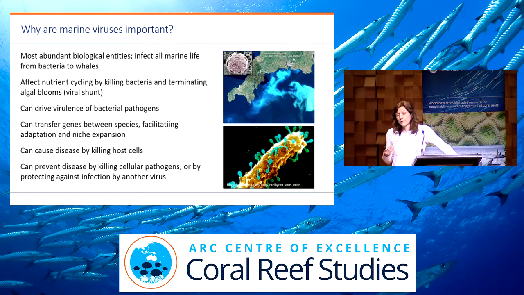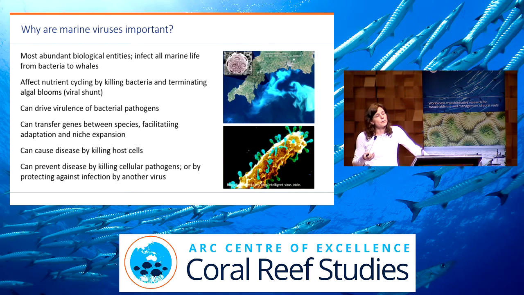Viruses can drive virulence of bacterial pathogens. Often viruses carry toxin genes. And if they insert their genome in that of their host, they can then turn a non-pathogenic bacterium into a pathogen. Viruses can also transfer genes between species and as such facilitate adaptation and niche expansion.